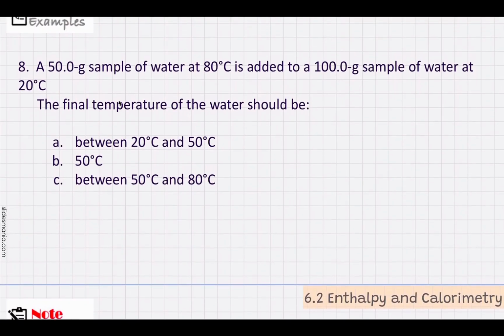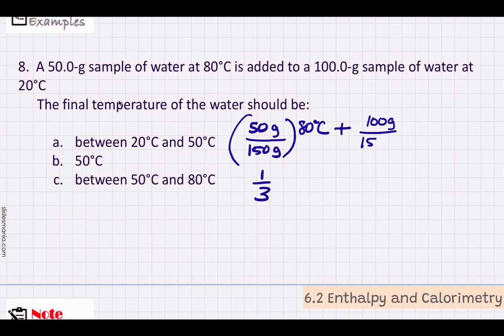This one is different now because this is the one where you would want to do the weighted average, and you could just do it in your head if you wanted. I can show you again if you want, like 50 grams and 100 grams. So we know we have a 150 gram sample total. So 1/3 of it is going to have a temperature of 80, and then 2/3 of it, so 100 grams out of 150, is going to have a temperature of 20.